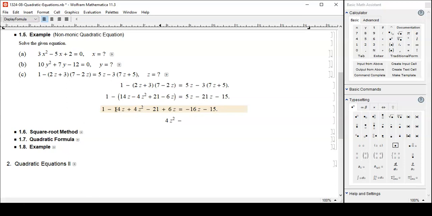It's 4z squared, and then these two, negative 8z, and then negative 21 plus 1, so negative 20, and then on the left-hand side, negative 16z minus 15.